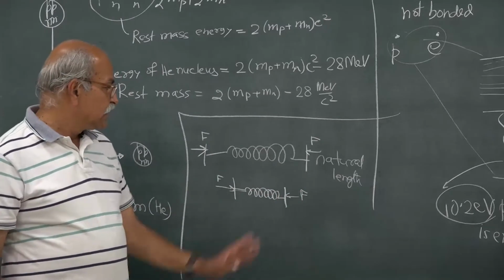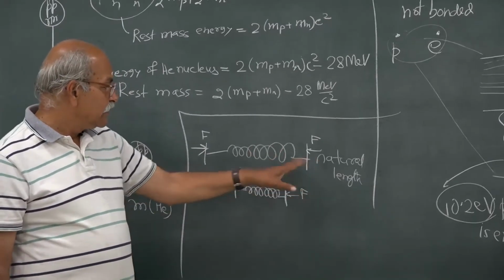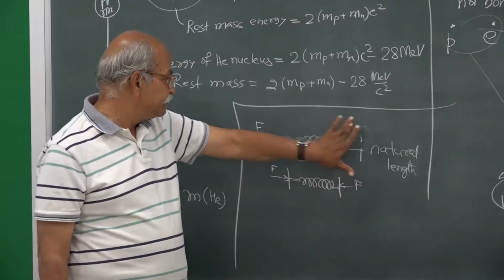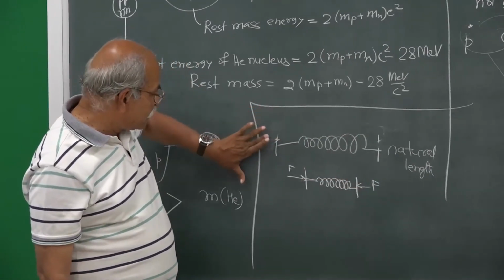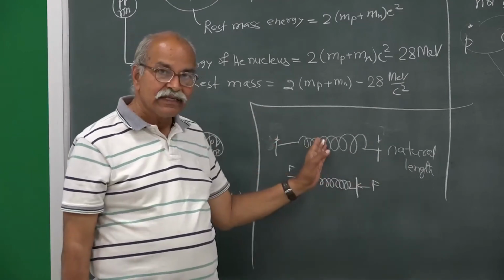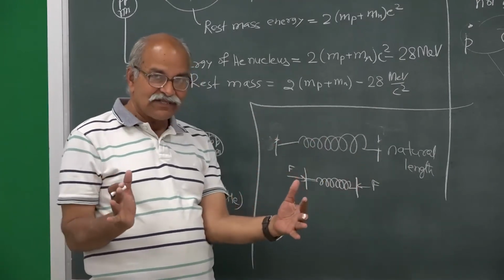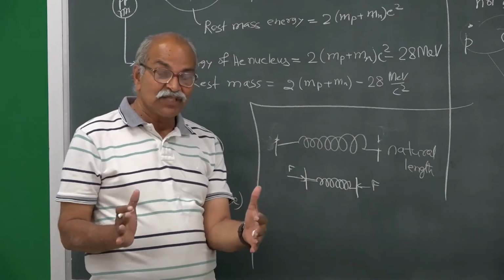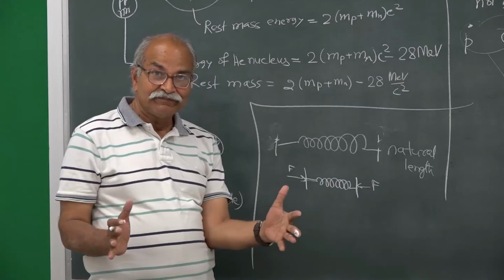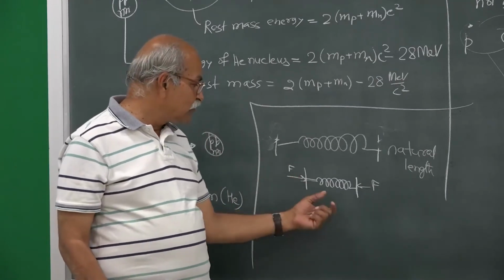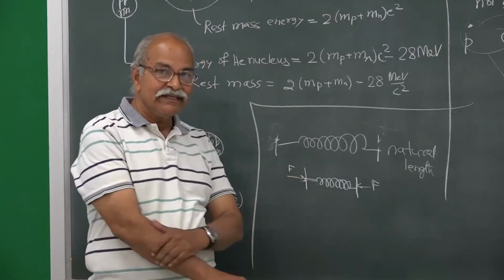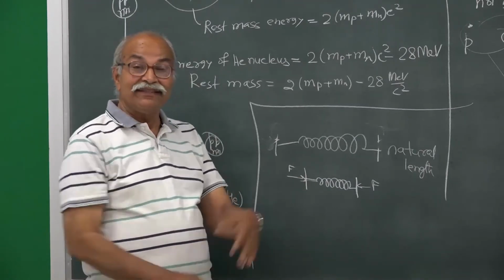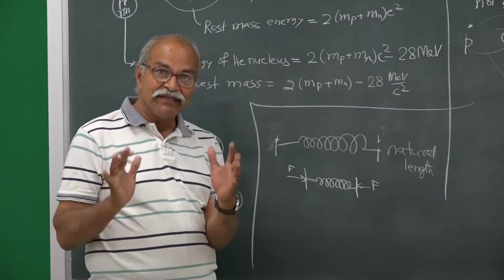Let us say originally it is at rest in its natural length, and now you have applied forces and it is compressed and again at rest. This spring is not moving, right. This compression and this force are related: F is equal to K, the spring constant, times delta x, and it is all in equilibrium, nothing is moving.